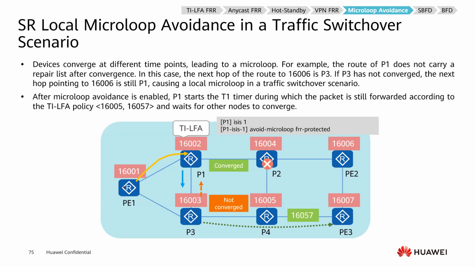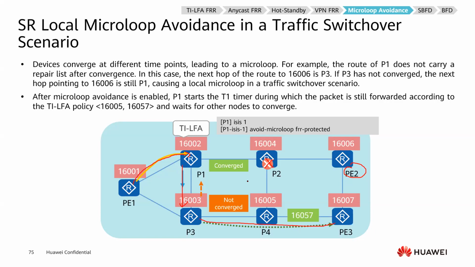First, the packet is sent to P1 because I want to go to P2. Then something happens in P2. Then P1 will send to P3, and P3 will continue to send.